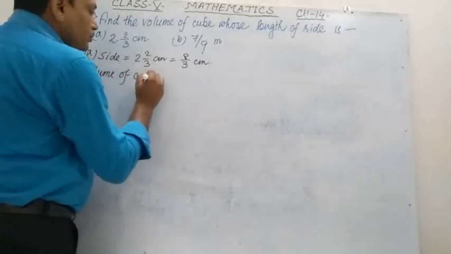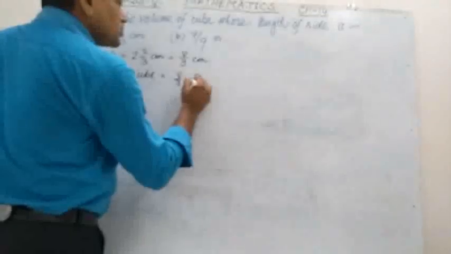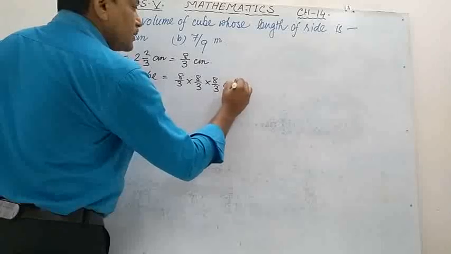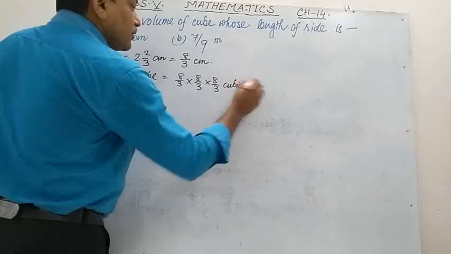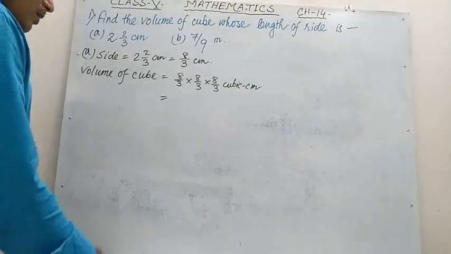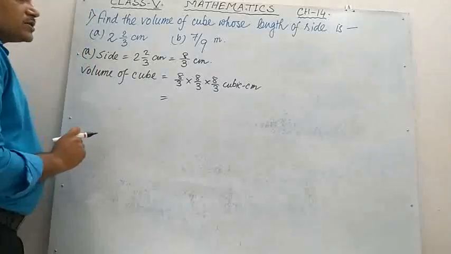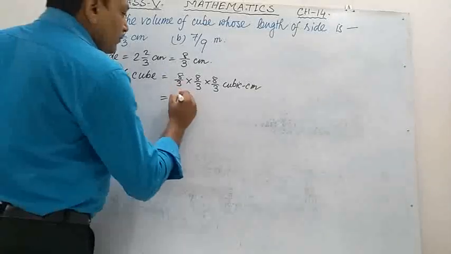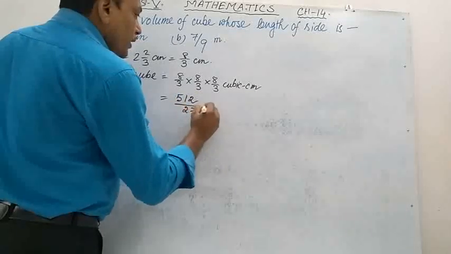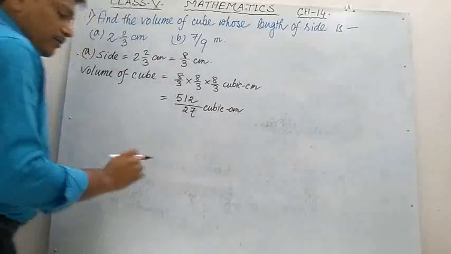Therefore, volume of cube equals side into side into side, cubic centimeter. So what is the result? 8 8s are 64, 64 into 8, 512 by 27 cubic centimeter.